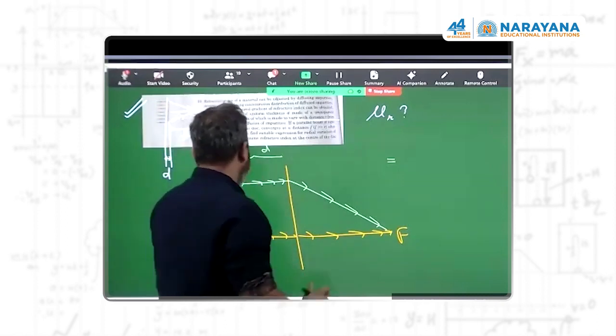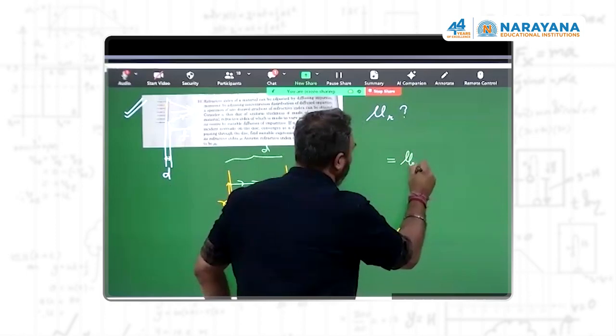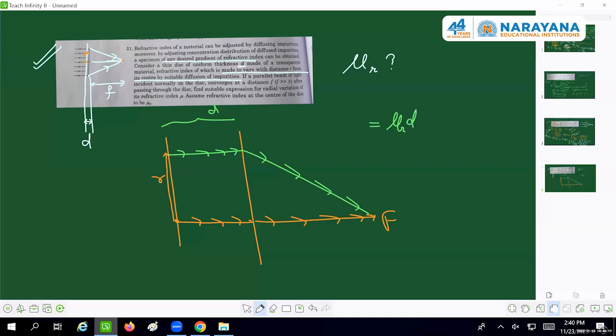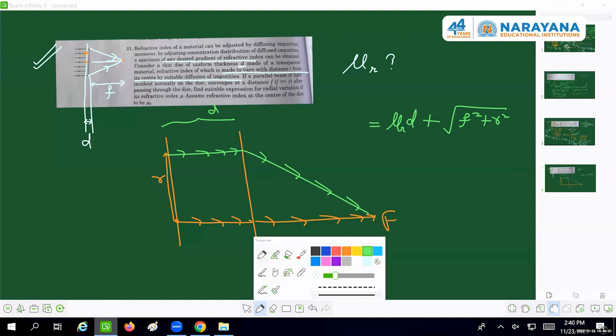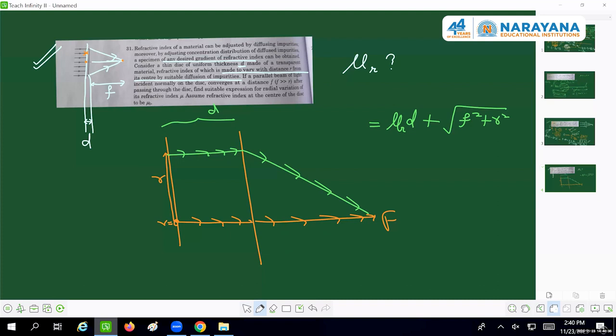The optical path for this guy will be mu as a function of r, mu d, and the remaining that it has traveled in air, that is root of f square plus r square. And as far as this guy is concerned, who has traveled along r equal to 0, mu there is mu naught, refractive index at the center. So mu naught into d plus it has traveled in air, and that distance is f.